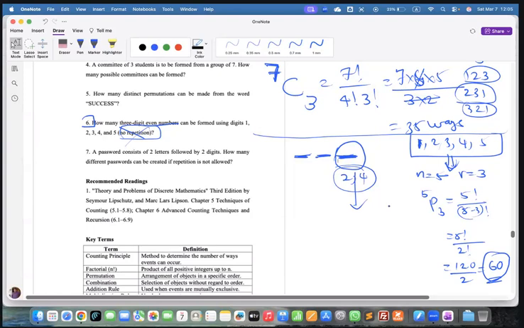If you want to make an even number, the last digit is either 2 or 4. These are the only two options we have. Am I correct? So now tell me, how many possible ways can we fill these?